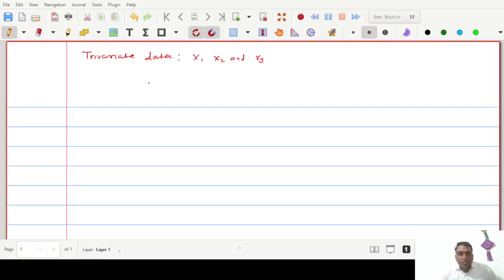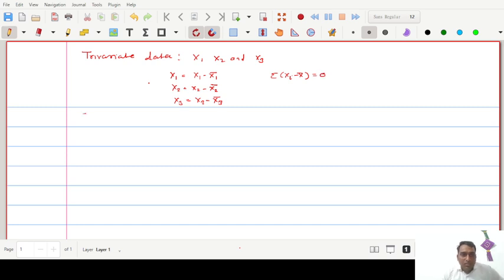For simplicity, we consider x1 as x1 minus x1 bar, x2 as x2 minus x2 bar, and x3 as x3 minus x3 bar. So according to the property of arithmetic mean, we know the sum of the deviations of observations from their arithmetic mean is always 0.